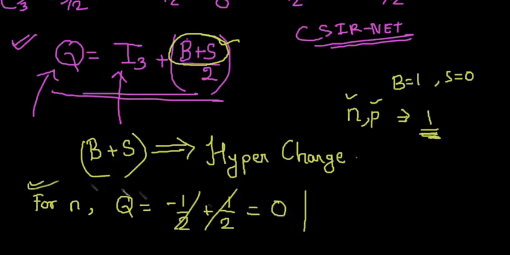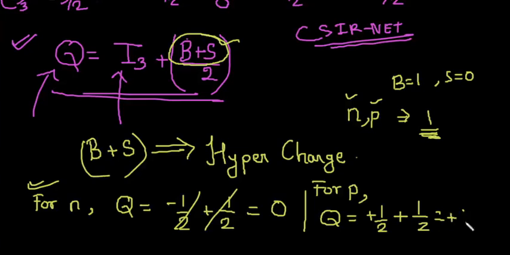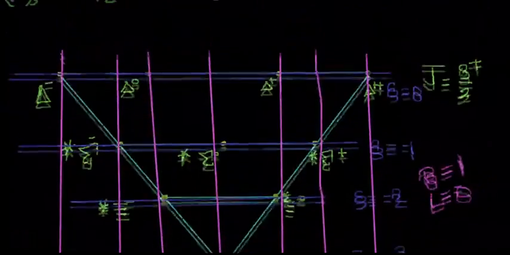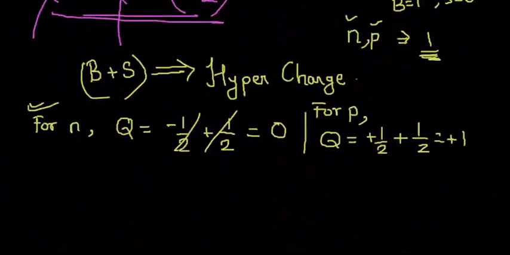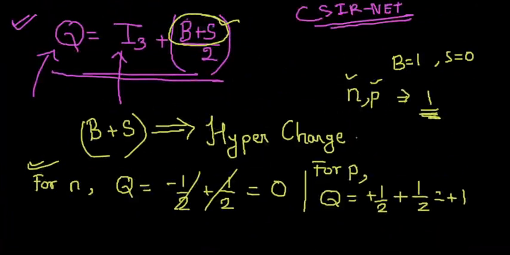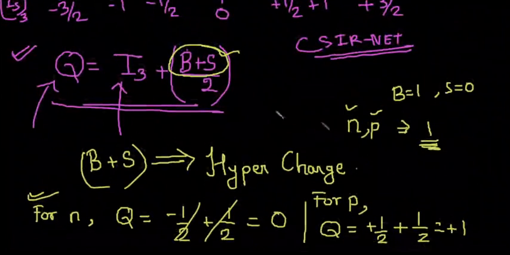Similarly for proton, the charge will be third component of isospin plus 1/2 and plus 1/2 again, then it will be plus 1. You can do it for any particle in this octet and decuplet. You will get this formula verified, and remember this formula always.